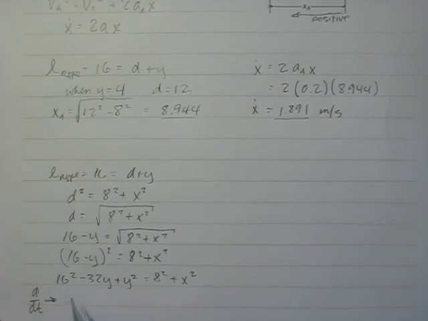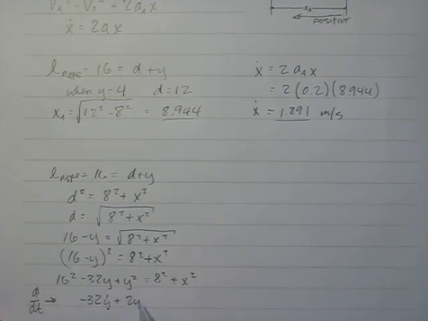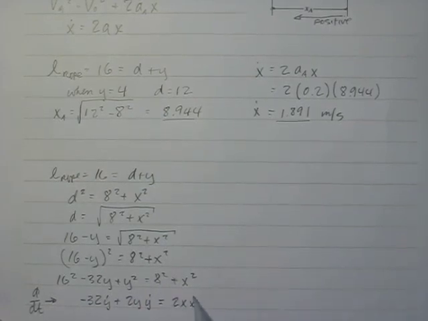Well, that's a constant, so that's equal to 0. Then I have minus 32 y dot. Take the derivative of time with that, so that's plus 2y, that's the derivative with respect to y, and then y dot is by the time. That's a constant, so its derivative is 0. Then I got 2x x dot right there.